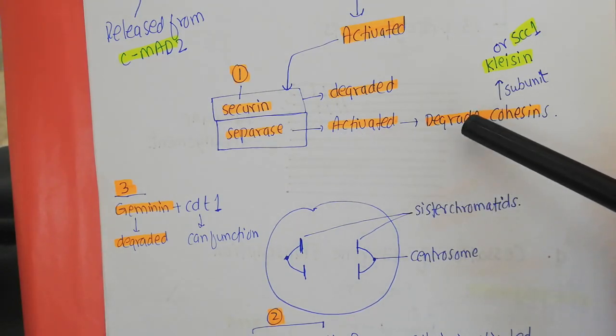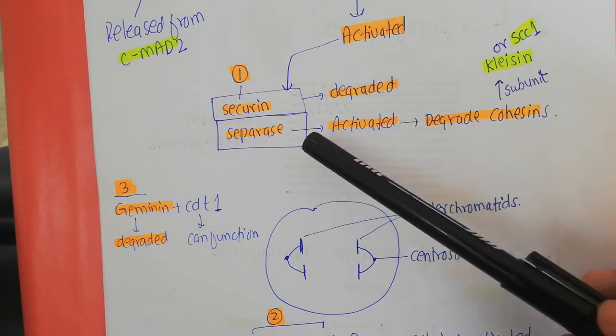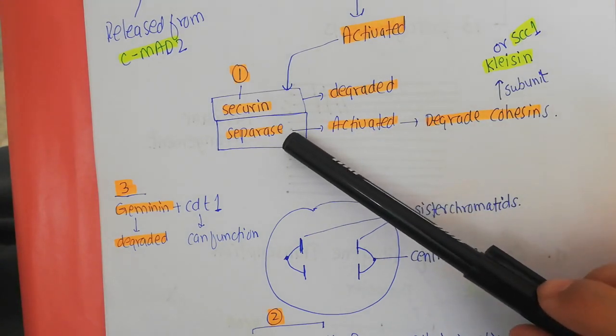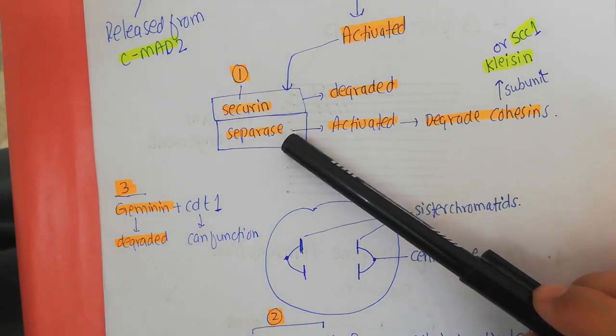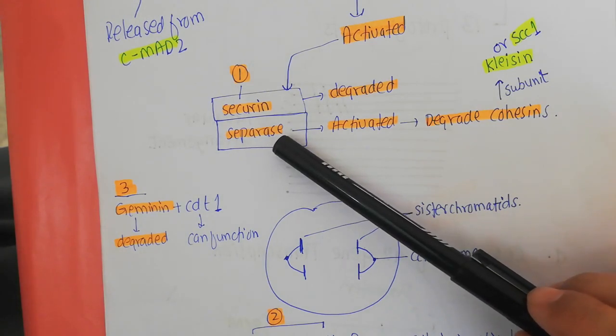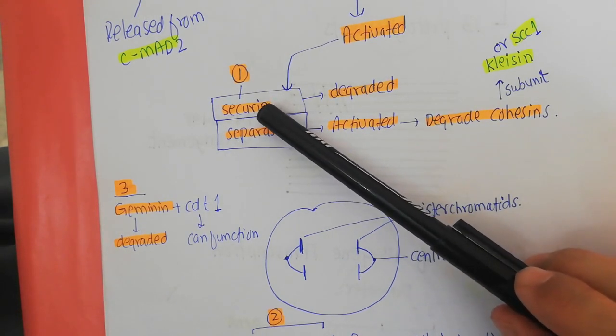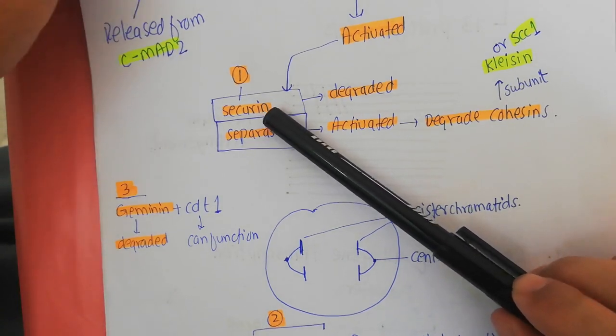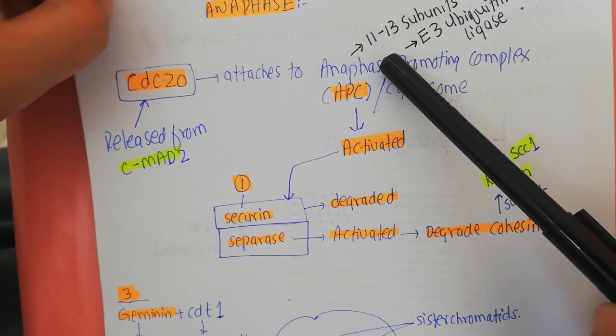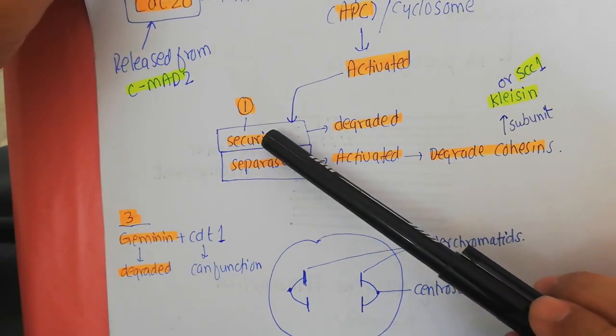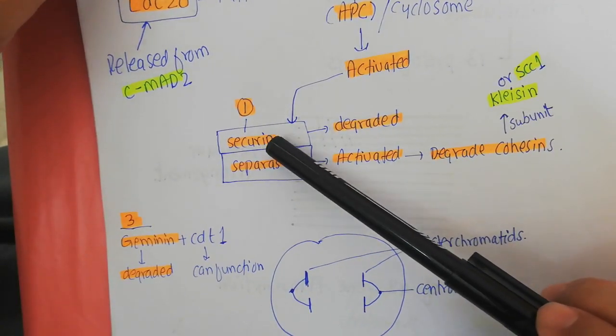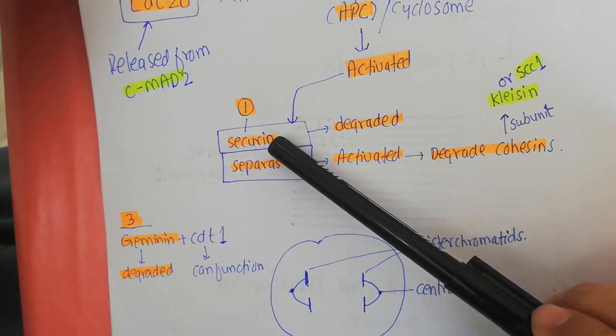So for the degradation of the cohesin, the specific enzyme is the separase enzyme. The problem is that this separase enzyme is attached to its inhibitor, another protein known as the Securin. Now, what the Anaphase Promoting Complex does is attach a ubiquitin protein to this Securin, and this Securin is going to be degraded by the proteasome.